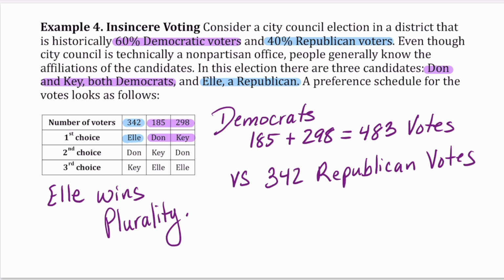So someone might choose, instead of voting their true preference of Dawn, to vote for Key to guarantee that even if their person, Dawn, doesn't win, at least another Democratic candidate would win. And that would be considered insecure voting, if someone votes different from their actual preferred choice.